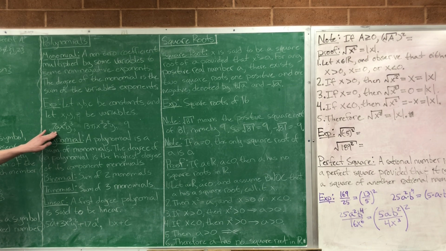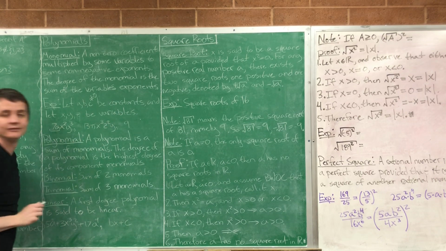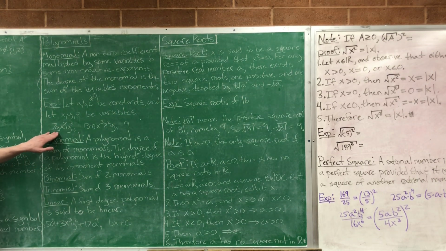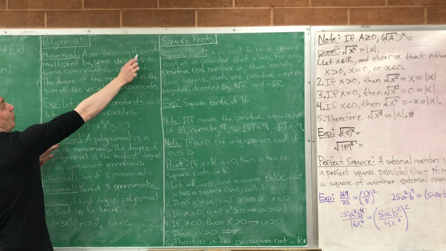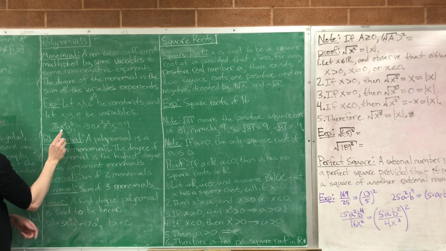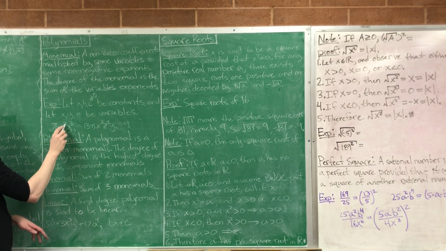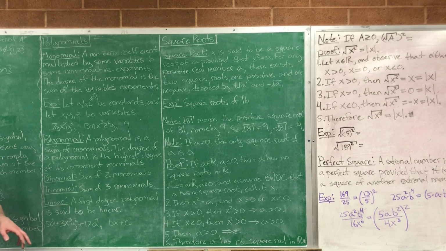Could be. We'll assume that a, b, and c are not equal to 0. So is our coefficient 0? No. So we have a non-zero coefficient multiplied by some variables, to some non-negative exponent.